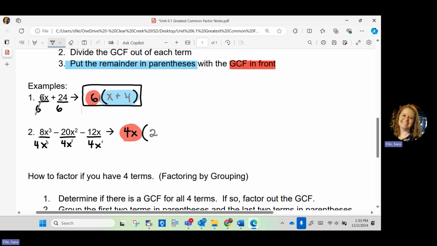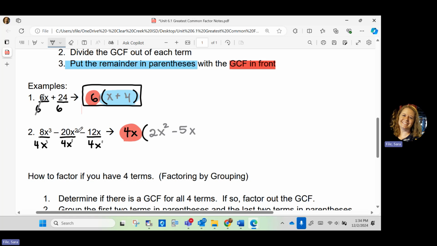So what is that? X squared. Okay, now in the second term, first of all, that's a minus. What's 20 divided by 4? 5. And then what's x squared divided by x? Just x. You can put a power of 1 on it if you'd like, but you don't need it.